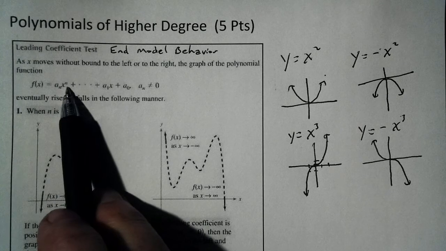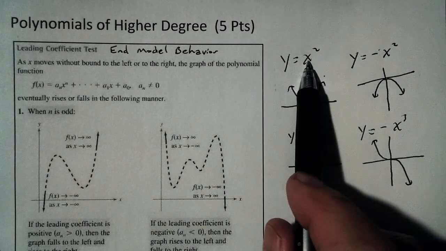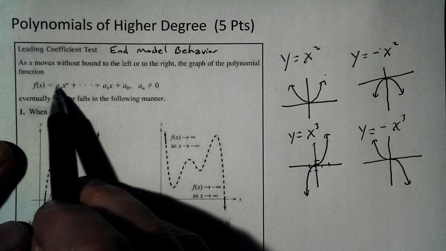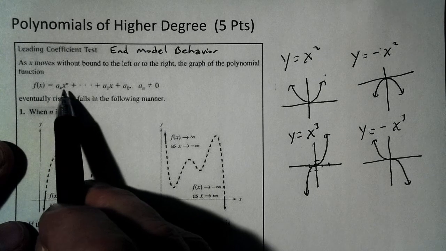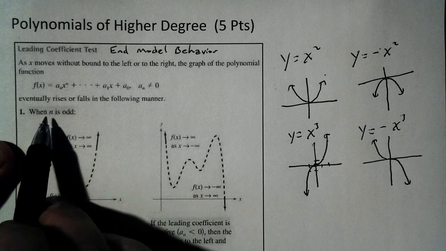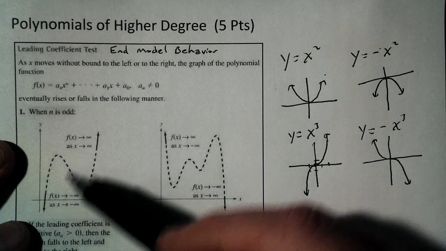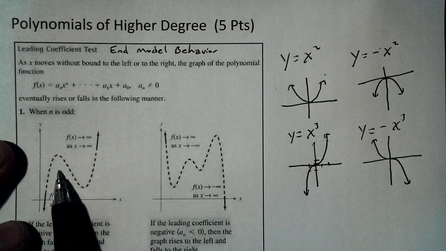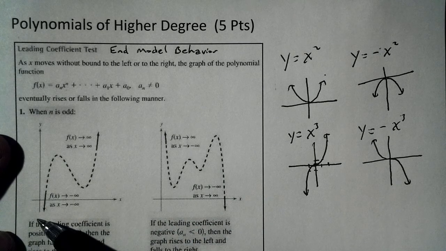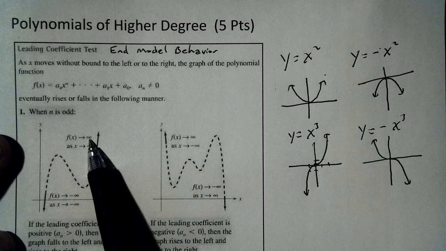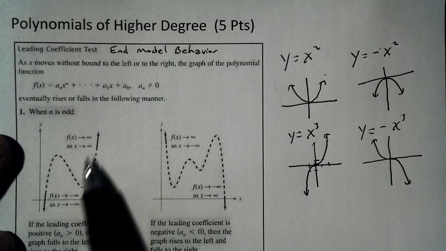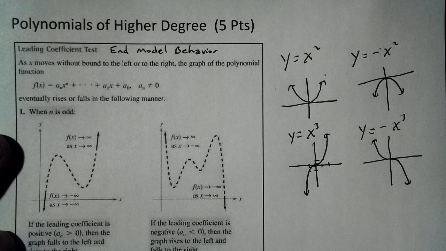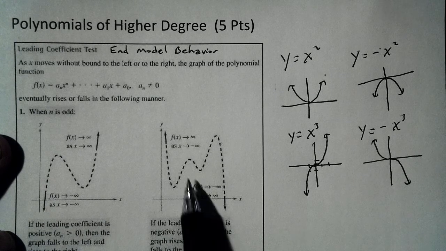And that's what this first section is about. It says if we have a polynomial, and each of these are simple little polynomials, and the first term is some a sub n, that's just some number, times x to the nth. When n is odd, we are either rising to the right and falling to the left, in other words, approaching infinity as x gets big and negative infinity as x gets little, or the exact opposite.